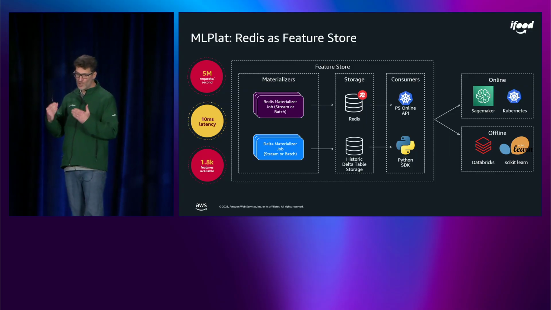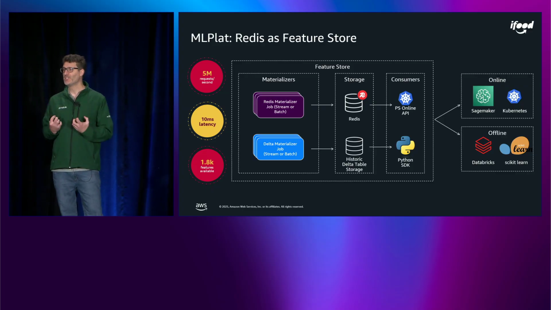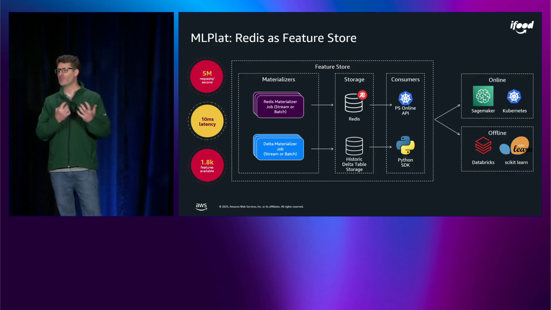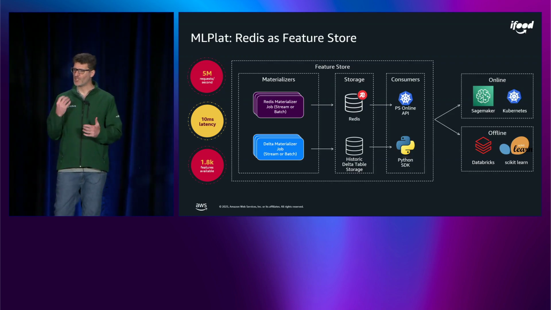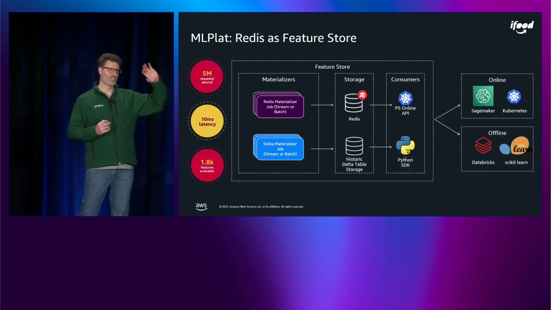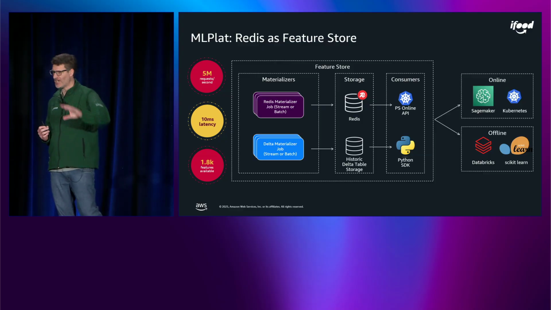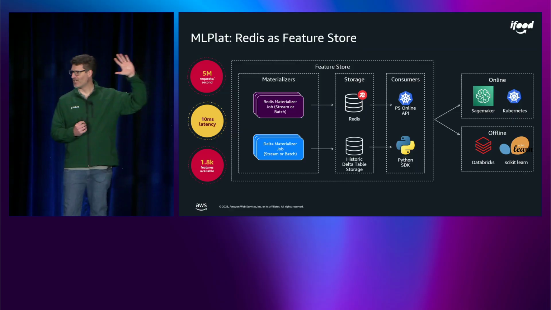When these models are making inference, they need inputs, and these inputs are stored inside the feature store and connected to those sessions, users, establishments, and partners that I showed you.